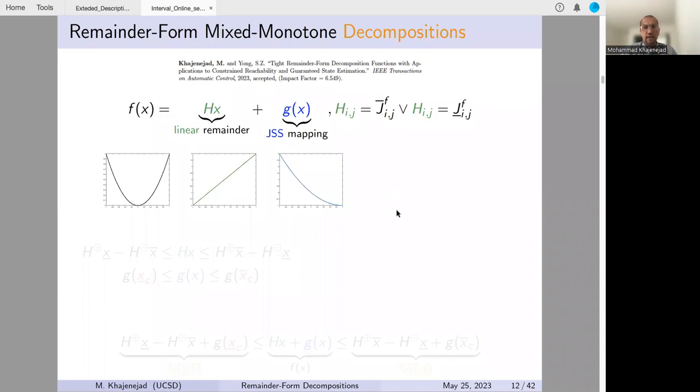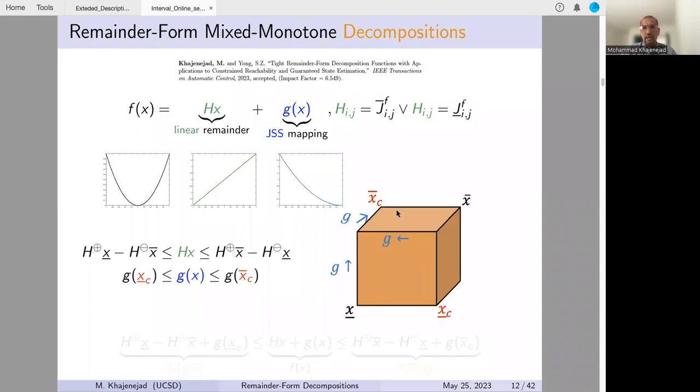Then we have two components for this f and an interval domain. The linear component can be tightly bounded from below and above, using a very famous result in the interval literature, and also the JSS mapping.